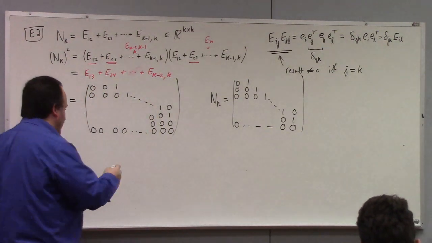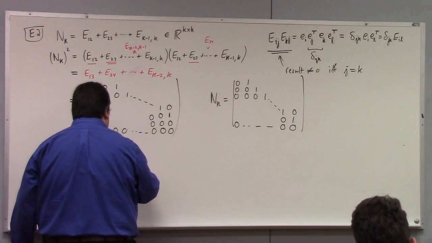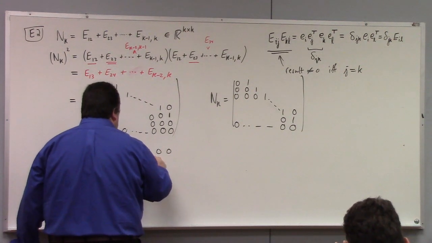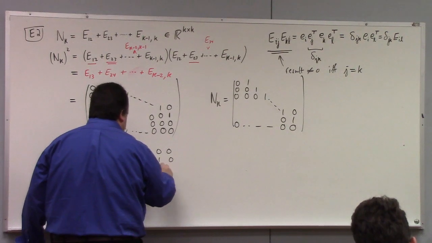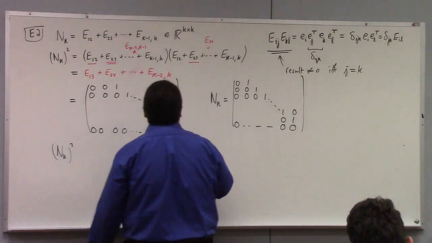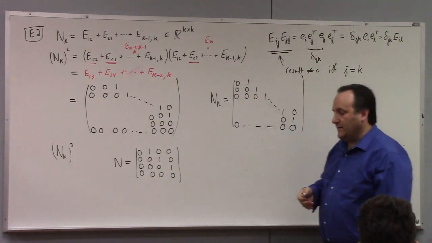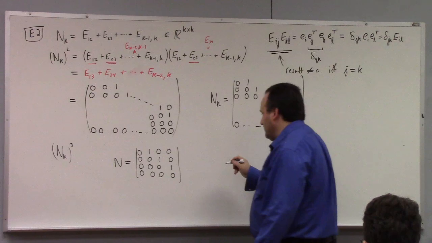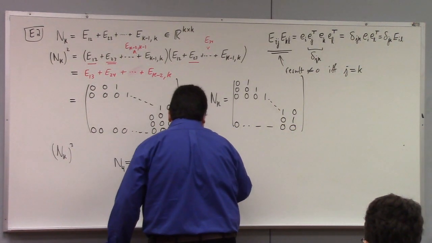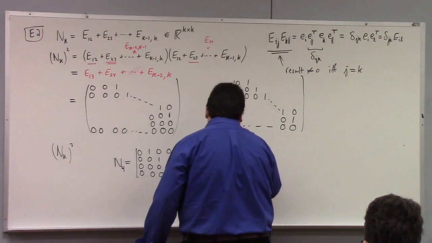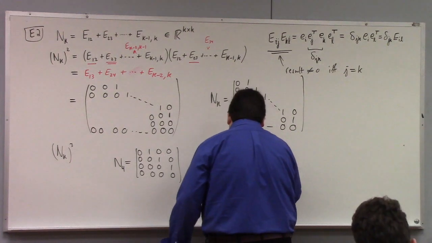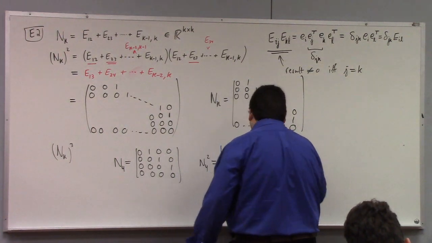Let me just do it for n equals 4, so I see it explicitly. I'll just do the 4 case. Which is probably what I should have done from the beginning and just claimed that this holds for k, and you would have believed me, right? But I wanted to give you some indication of how you could actually calculate that if you don't like induction. So here's n sub 4. N sub 4 squared is 0, 0, 1, 0, 0, 0, 0, 1, 0, 0, 0, 0, 0, 0, 0, 0, 0, 0.